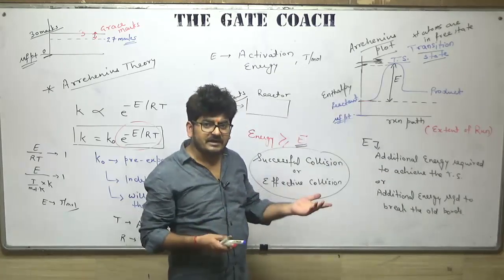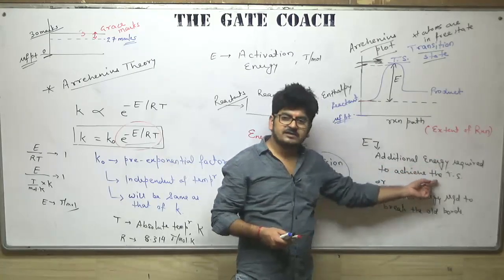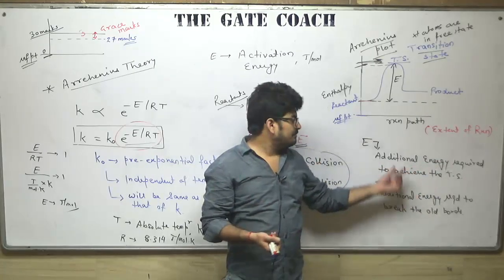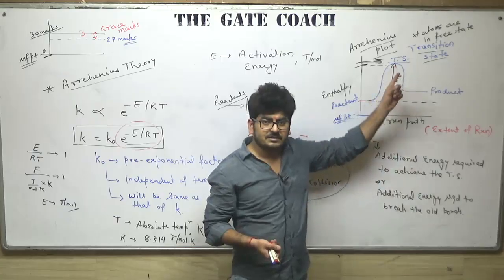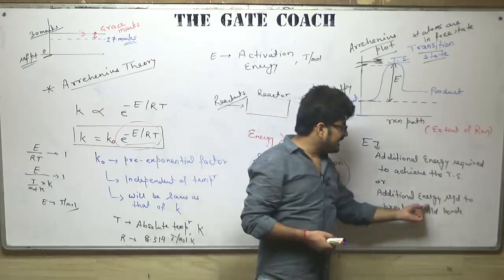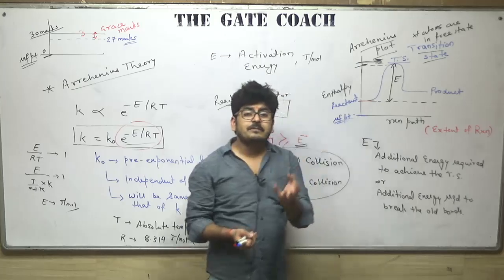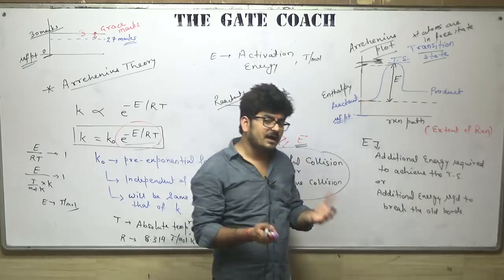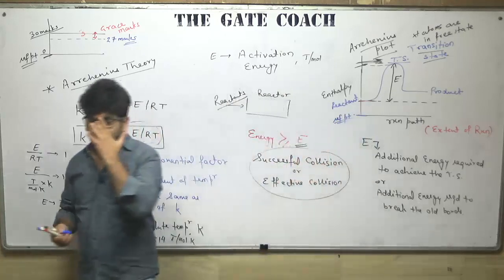You can define activation energy as the additional energy required to achieve the transition state, or the minimum energy required to achieve the transition state. In other words, you can also write it as the additional energy required to break the old bonds, or the minimum energy required to break the old bonds. So this is something about the activation energy.